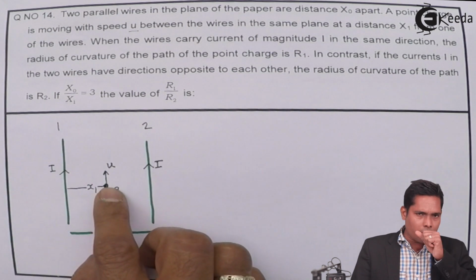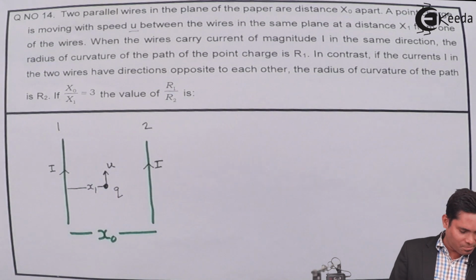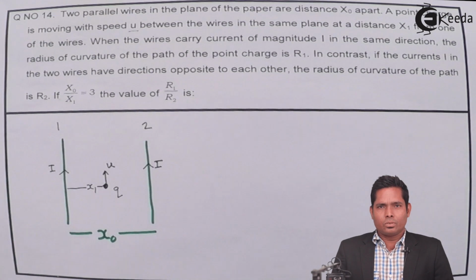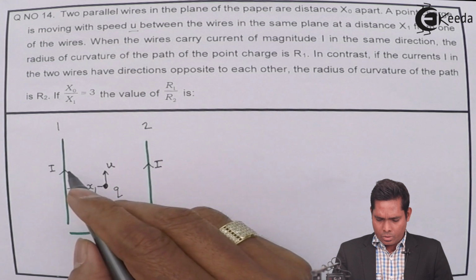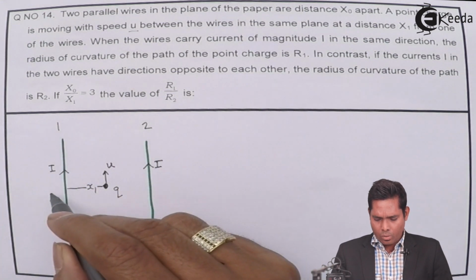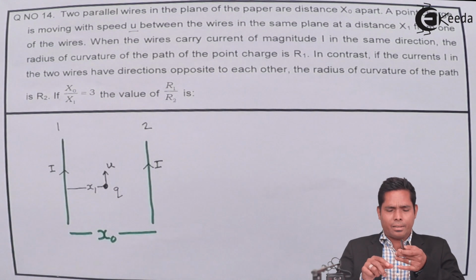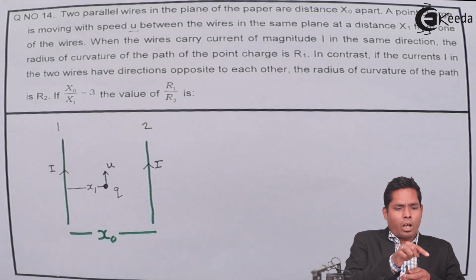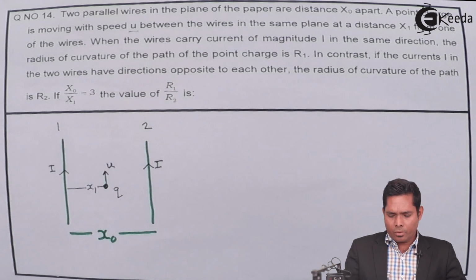Suppose it's moving in this direction. Then the magnetic field due to this wire: the wire is like that and the current is in this direction, so the magnetic field will be into the plane.